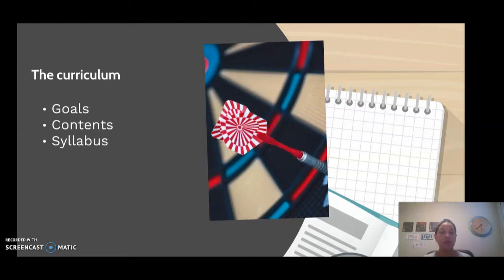So that's why they are very important and we have to consider them while creating e-learning material. So, for example, if according to the syllabus, this year students were supposed to learn present simple, the materials I create should be focused on that goal.